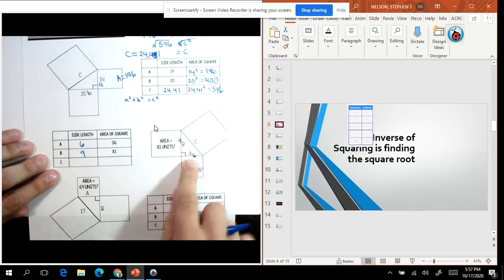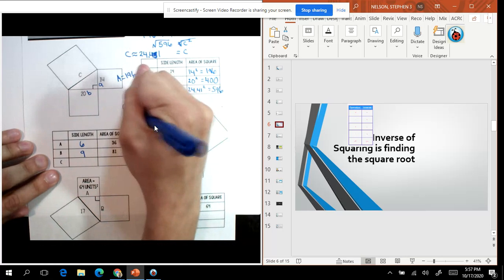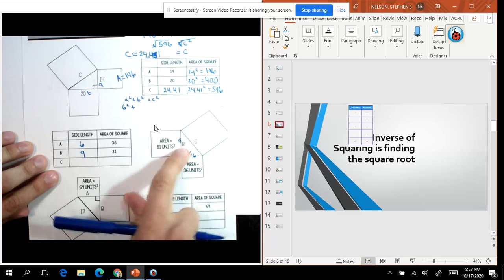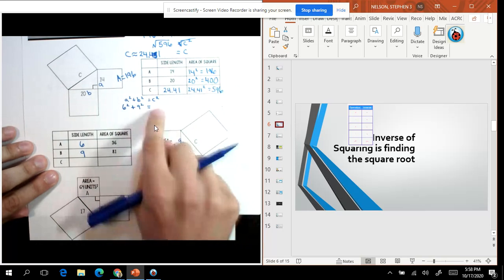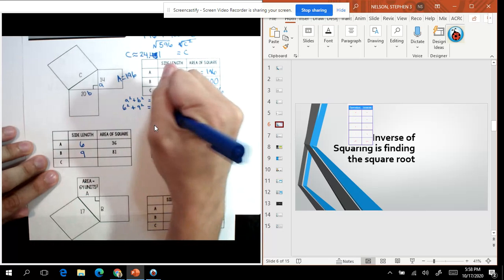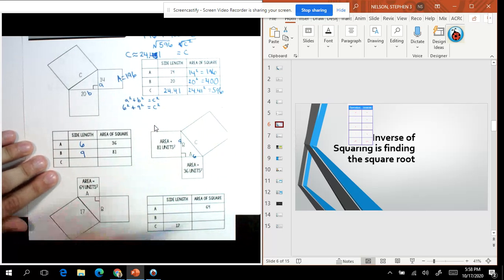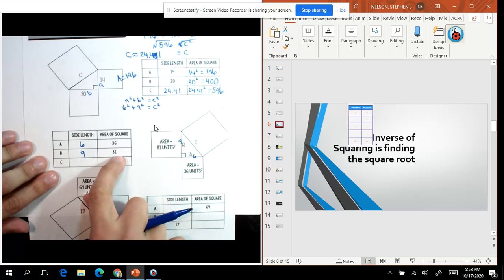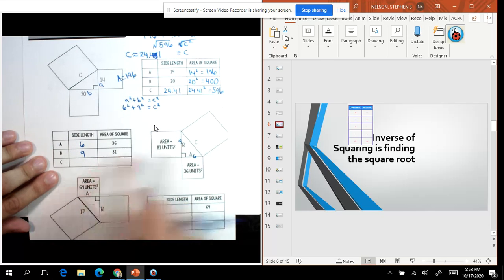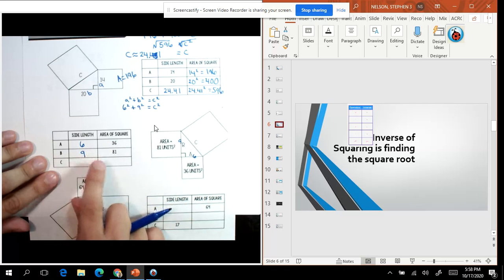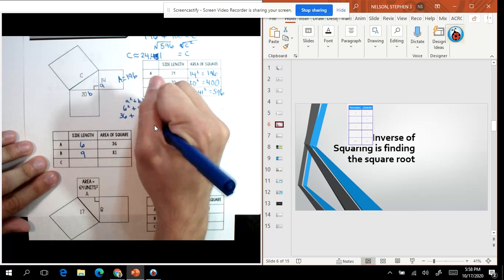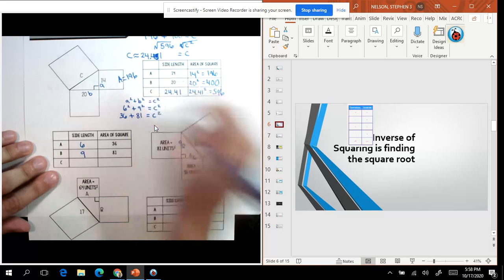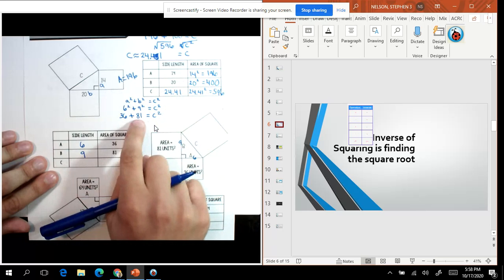Our A is 6, so we say 6 squared plus B squared, which is 9 squared, is equal to whatever C squared is. Now, they already did it for us right here, 36 plus 81, but I just wanted you to get in the habit of filling in your side lengths and then finding the area of that actual square. So 6 times 6 is 36, plus 9 squared, which is 81, is equal to C squared. So now we need to calculate 81 plus 36.